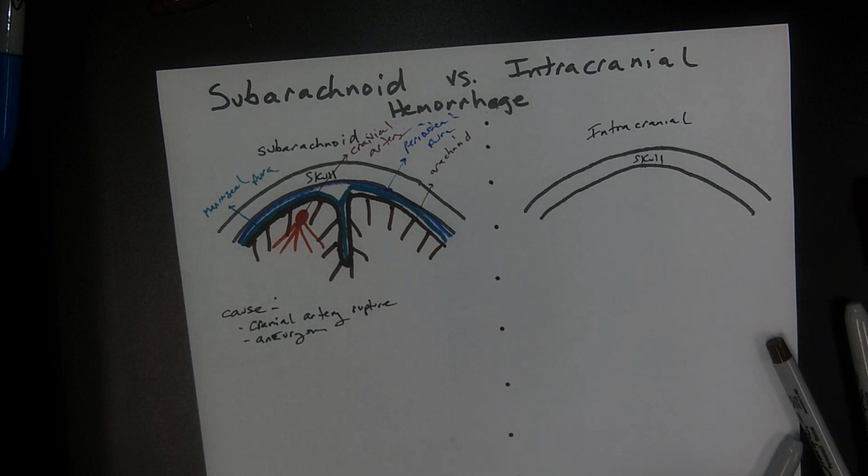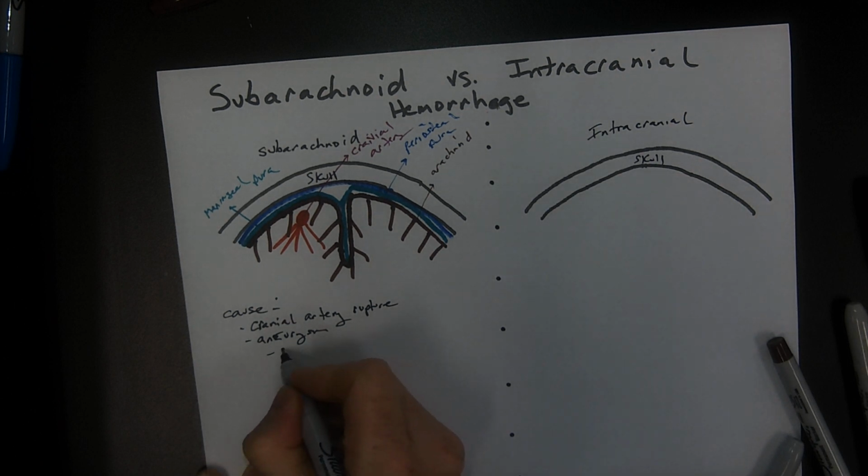The most common place for an aneurysm to happen for humans, which is the most common place for a hemorrhagic stroke to happen, is going to be on your anterior communicating artery.